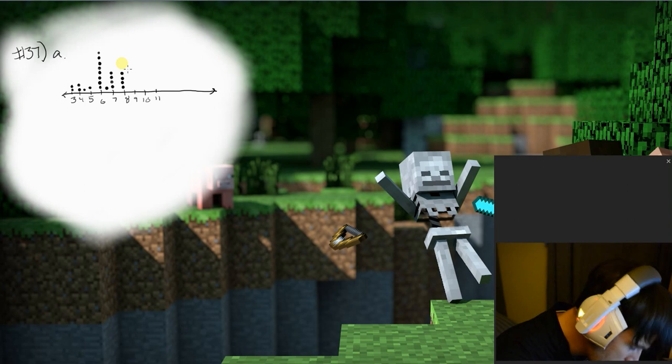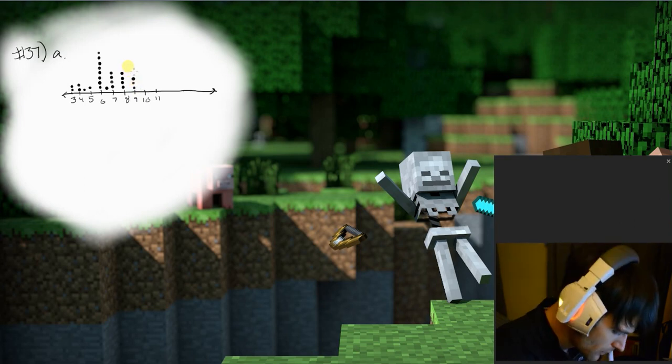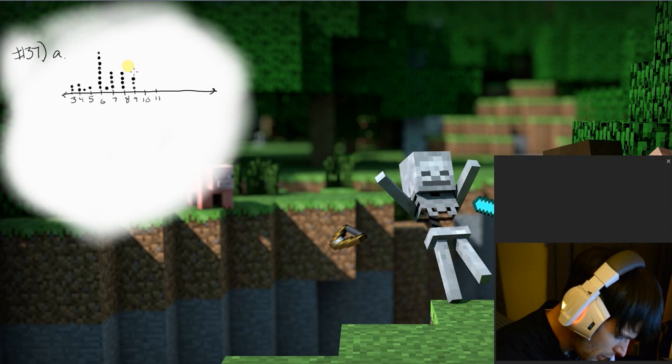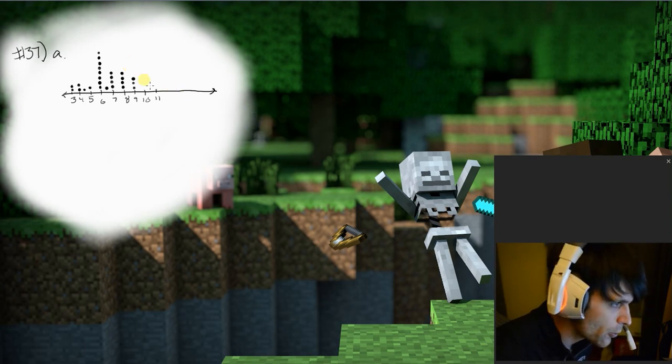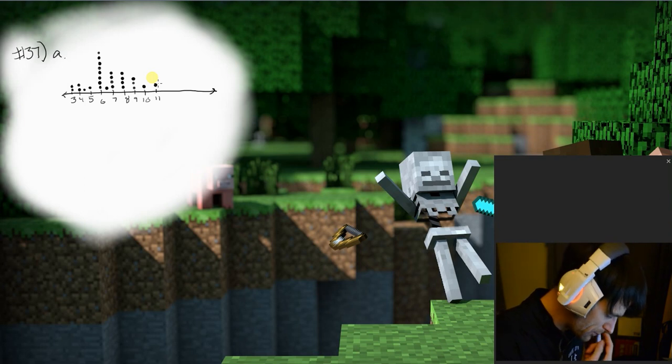We had 3 people report 9 hours of sleep. One person reported 10 hours, and another person reported 11 hours. Okay, so we've made our dot plot with the data that was provided to us.